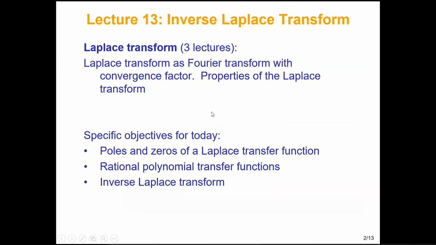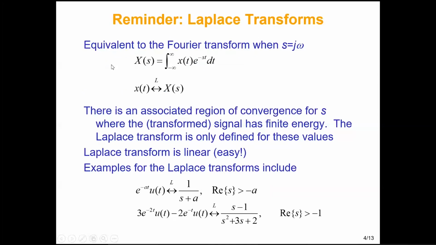So how do we take the inverse? First of all, just a reminder that what we covered here was the Laplace transform. This is the expression for the Laplace transform, and this is how we express it. For the examples that we did, if you have e raised to the power of minus at ut, the Laplace transform is 1 over s plus a. And because this has ut right here, the region of convergence will be to the right-hand side of your pole, or real part of s greater than minus a.